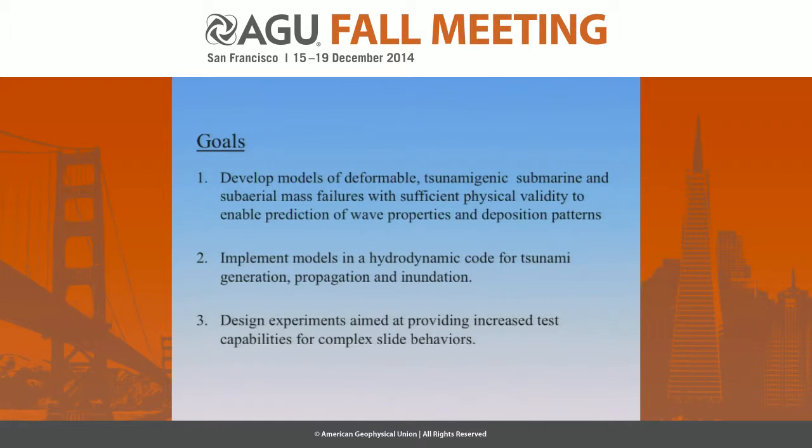The development of the model is important. We need to implement these models in hydrodynamic codes because we are primarily interested in the tsunami aspects of the problem. And then there's an ongoing need for more and more representative laboratory experimentation to validate these things. And I think the previous talk was really, really nice in that regard.